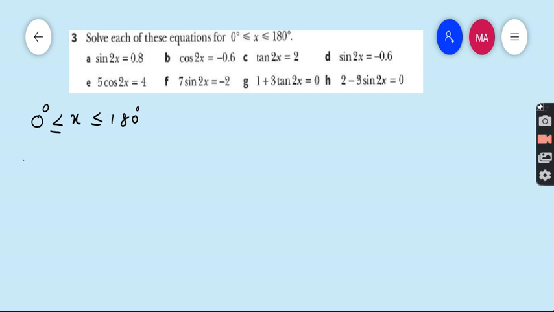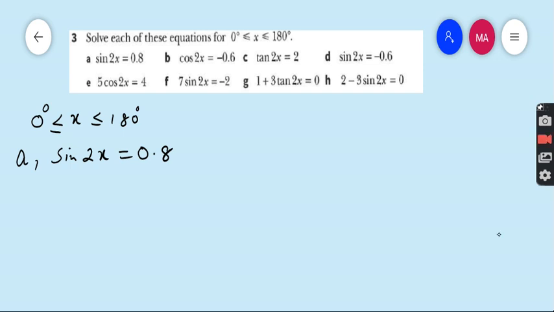Let's start part A. Part A is sin 2x equals 0.8. But now see carefully from part A to part H. In each and every part, the value is given as 2x and our domain is given in x.